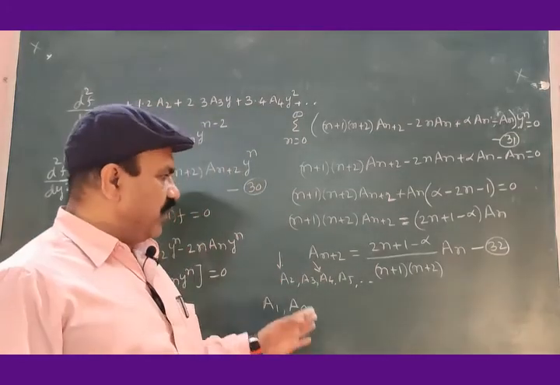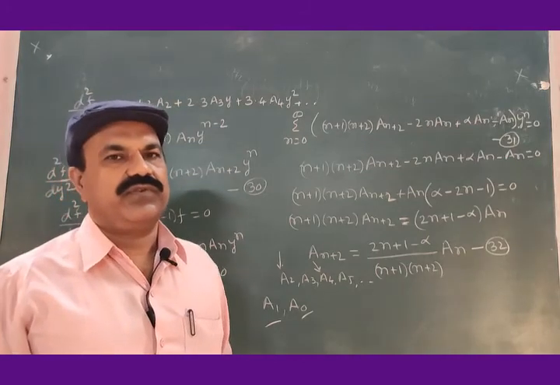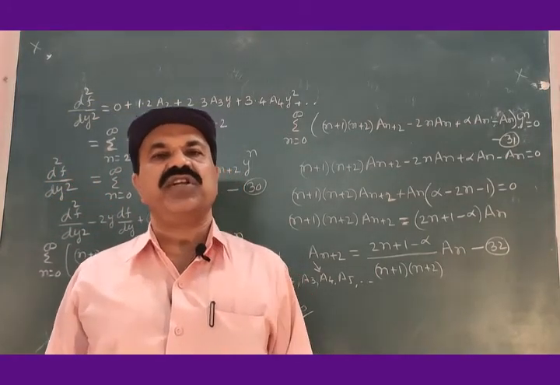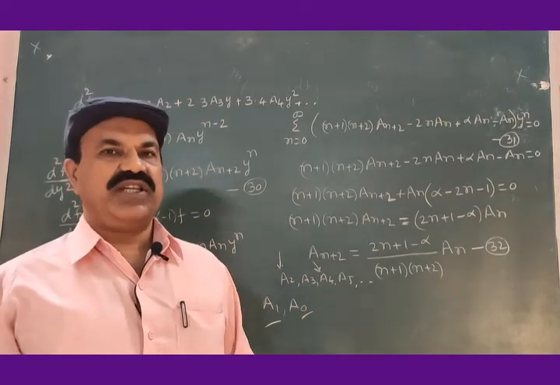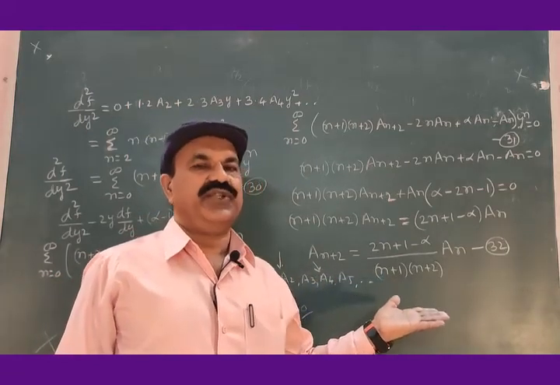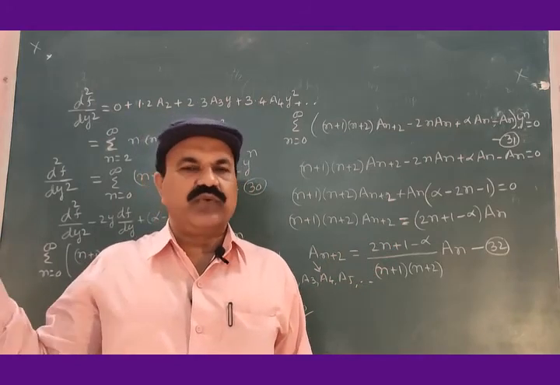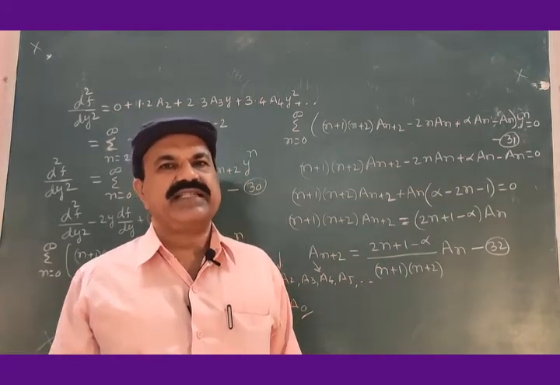This way we have the solution of the steady state Schrodinger equation we constructed for the harmonic oscillator in the form of recursion relation 32. To get this recursion relation, we used many equations and many concepts.